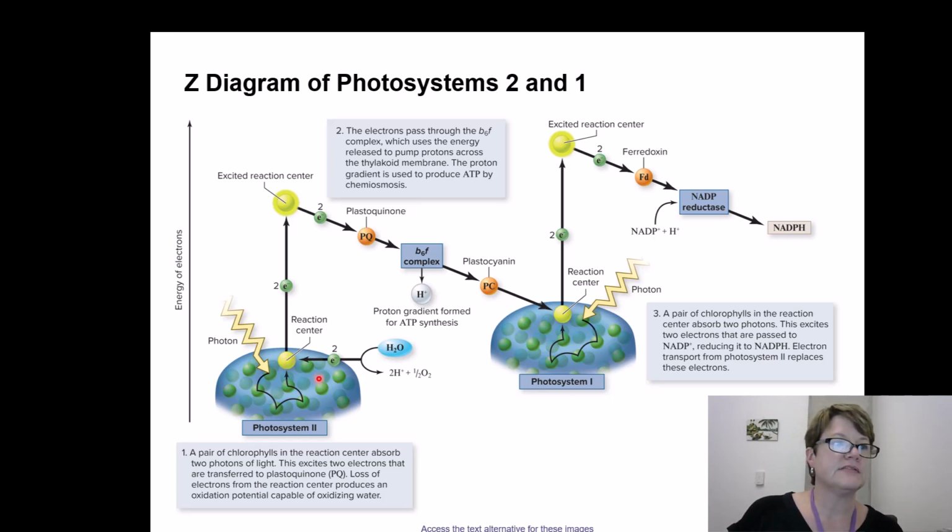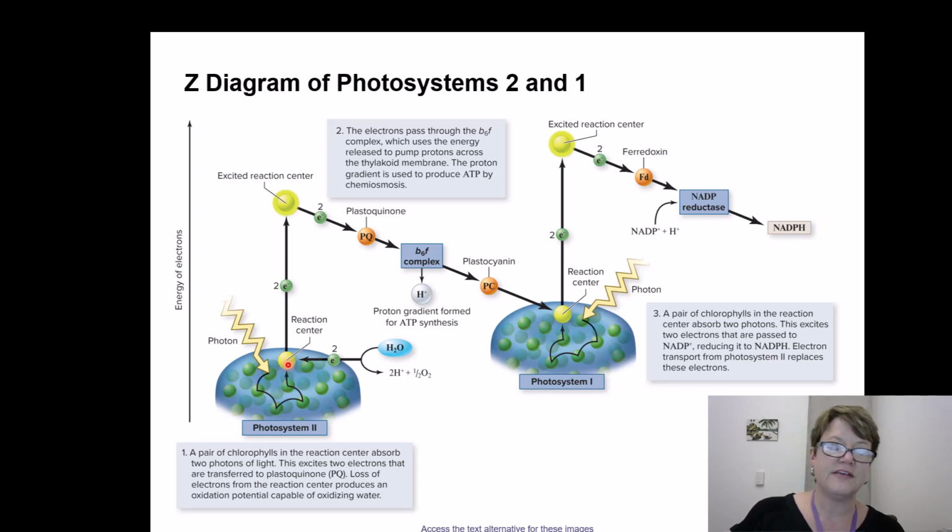So what happens each time a photon hits, a molecule of water is broken apart, and two electrons are taken from that water molecule, and they're taken by that reaction center chlorophyll. That's what makes the reaction center special. It can split water.